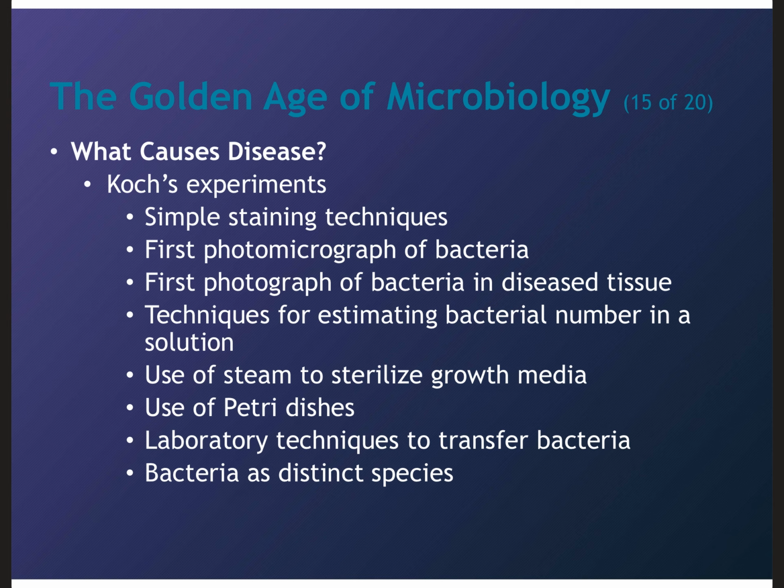So he was responsible for a lot of stuff: simple staining techniques, the first photomicrograph of a bacteria, the first photograph of a bacteria in diseased tissue, techniques for estimating bacterial number in a solution, which we'll get to do very similar to what he did, steam sterilization of growth media, which we'll prepare and then it will be steam sterilized, use of petri dishes, laboratory technique to transfer bacteria, and bacteria as distinct species. So there are differences between this bacteria and that bacteria, right? So he did a lot.